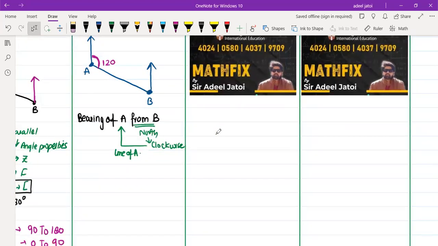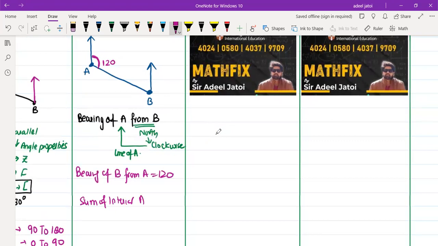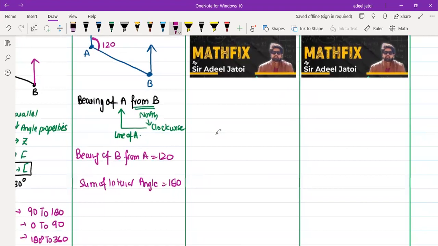Bearing of B from A, north of A, is equal to 120. Sum of interior angle is equal to 180. So to find the acute angle of B, this should be 180 minus 120, which is 60.